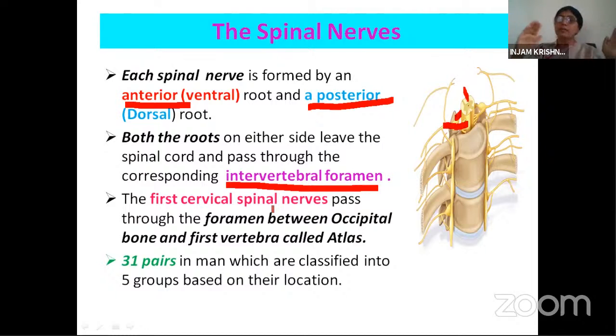This side 31 and this side 31. Both of them together are 31 pairs of spinal nerves. So all of them are classified into 5 groups based on their location, not on the function, based on the place where they start.